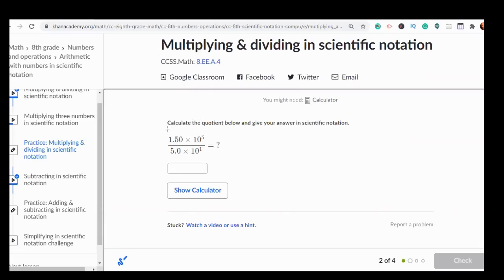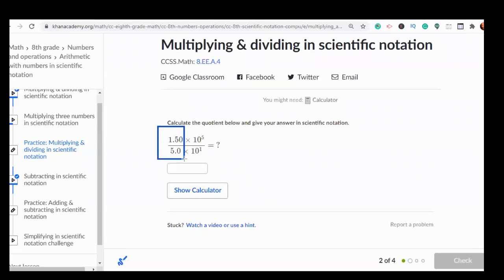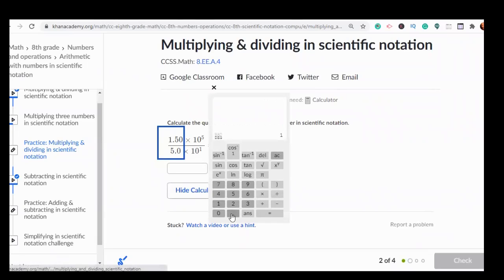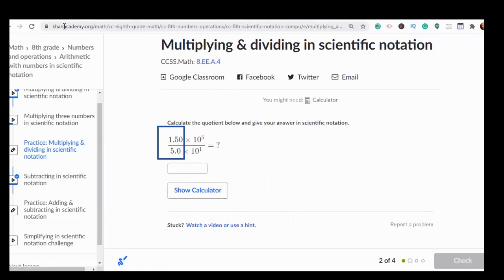So the 1.5 and the 5.0. We're going to actually do that division now. 1.5 divided by 5. And we do have a calculator option here, so we will use it. 1.5 divided by 5.0, which is just 5, gives us 0.3. So we'll go ahead and put that down.